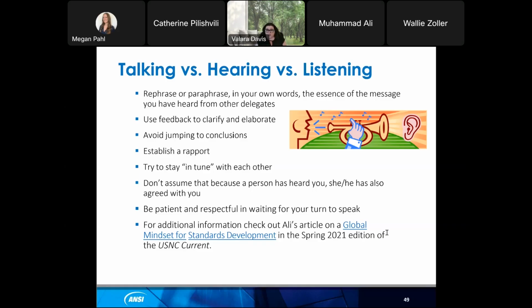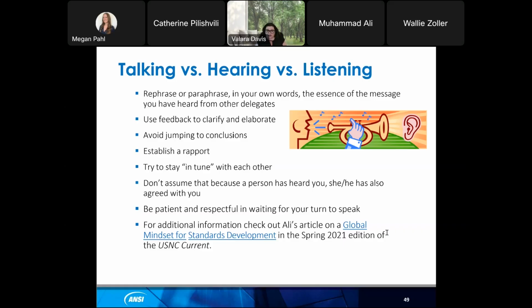Try to stay in tune with each other, understand what people's positions are, why their positions are where they're coming from. And also don't assume that because a person may have heard you that they agree with you. If you're looking for agreement, make sure you're asking for agreement and confirming agreement.